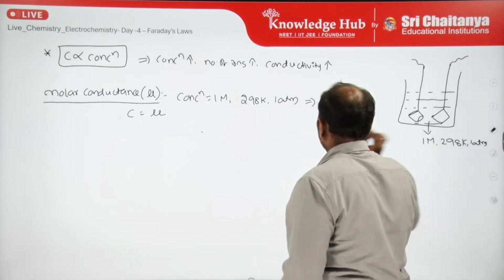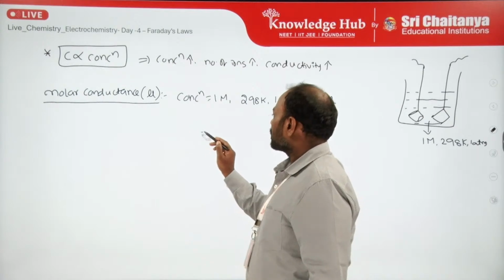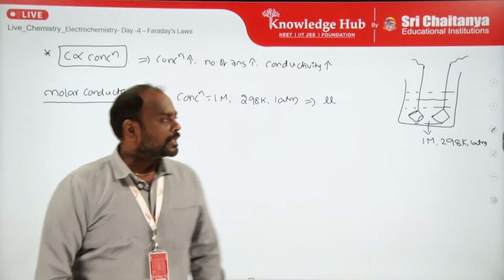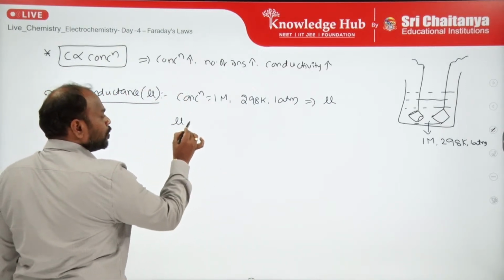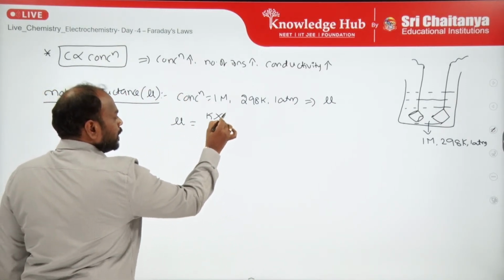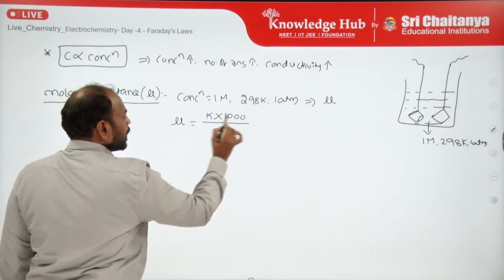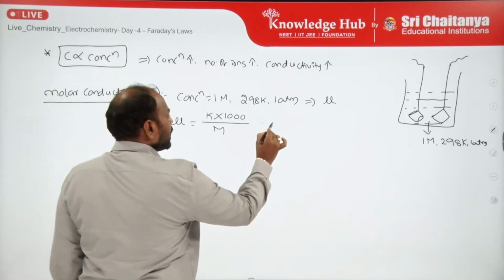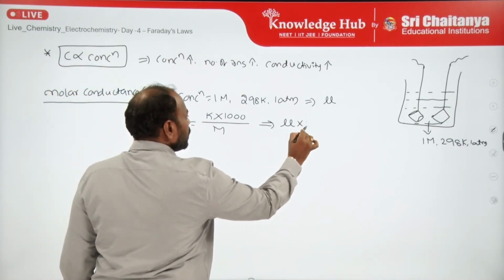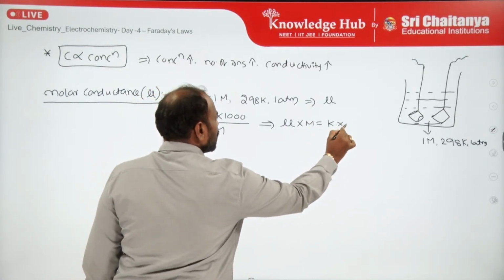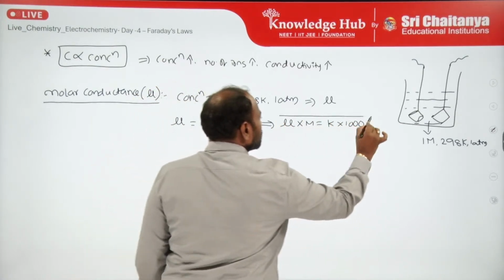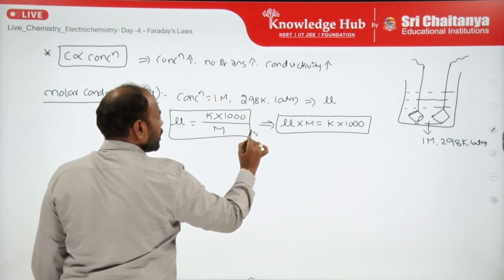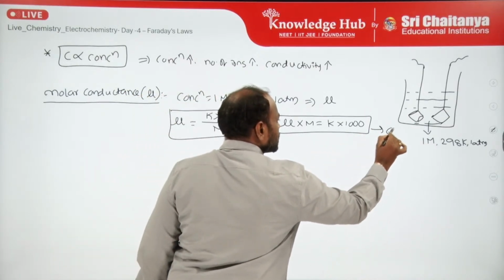See, in this one, molar conductance, what is the formula? That is mu is equals to K into 1000 by molarity. So that implies mu into M is equals to K into 1000. This is equation 5, this is equation 6.